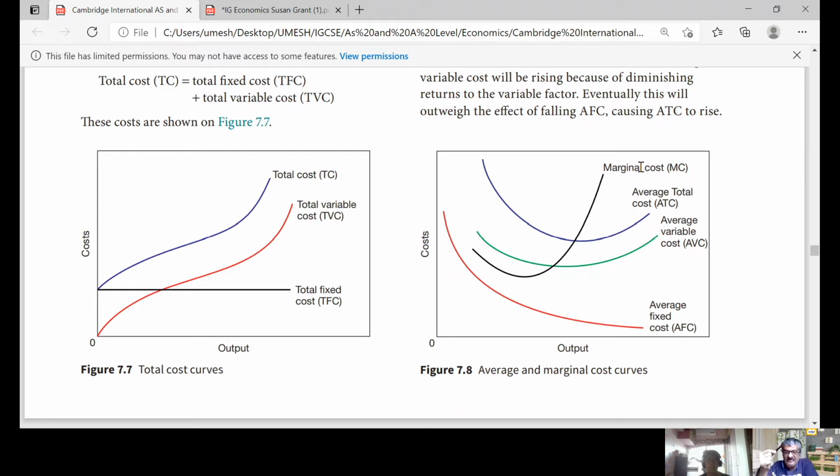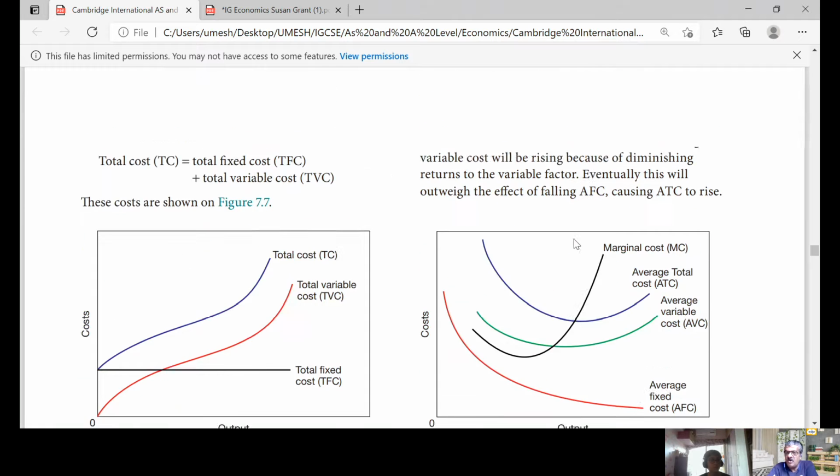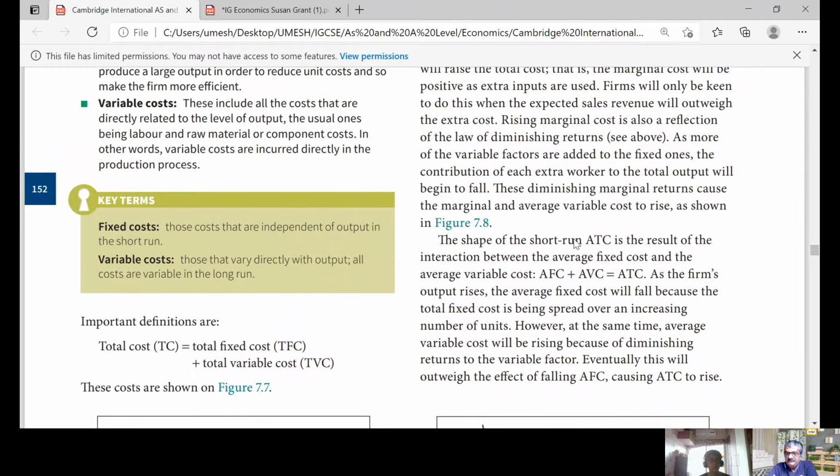Every additional unit that I'm going to produce is going to cost more to the firm. Are you understanding it? Following it? As I go on increasing the output, it is going to increase the cost for me. So it is the diminishing return.